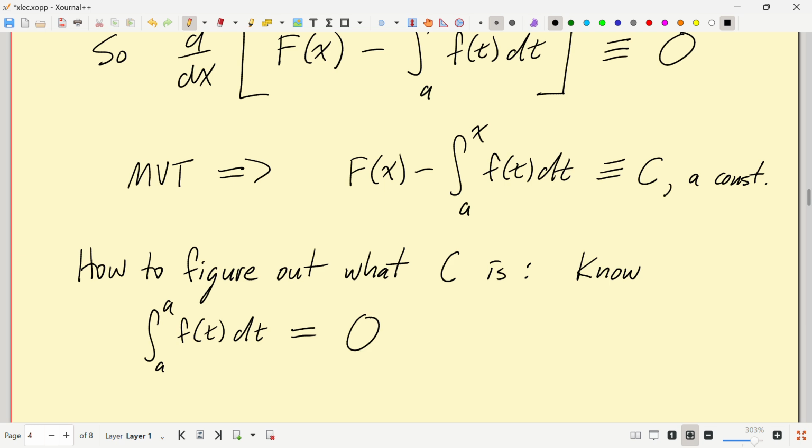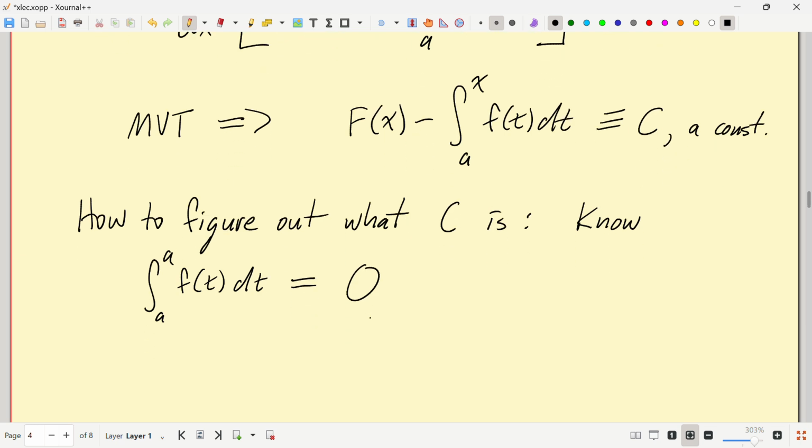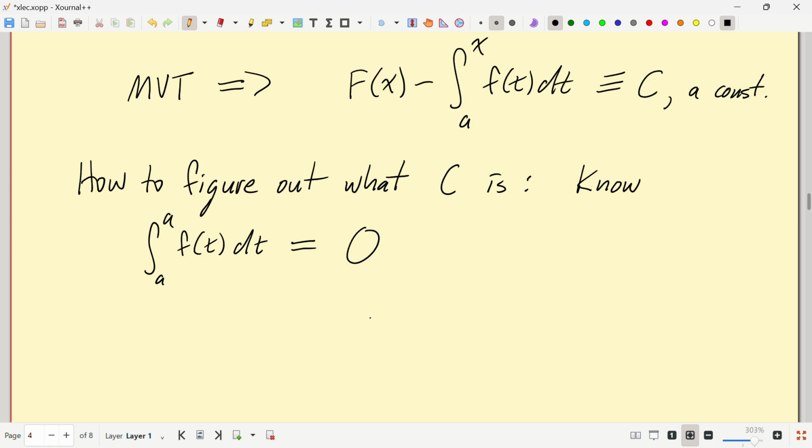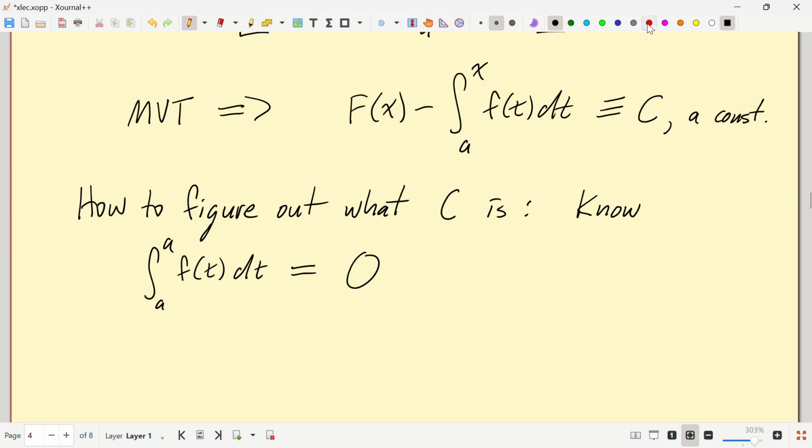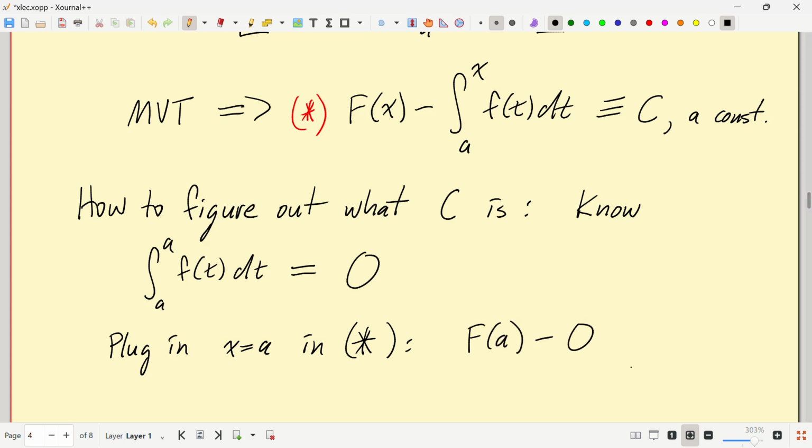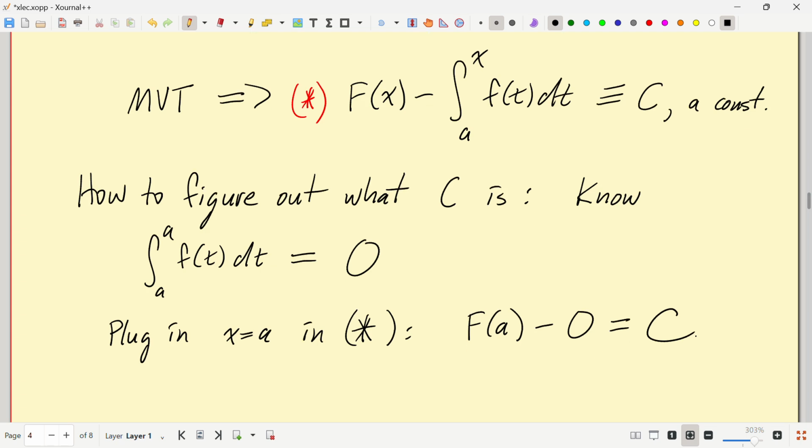And so let's call this equation star. Plug in x equals a in star, and that would give me F of a minus 0 is the constant. And so the constant is capital F of a.